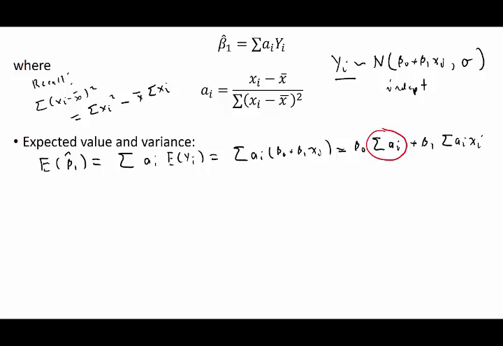Well, the denominator here is just a constant, which let's denote by s sub x just for the slide. It's a sum whose value depends on x. So when I take the sum of the ai's, I'm going to get some constant times a sum of the xi's minus x bar.